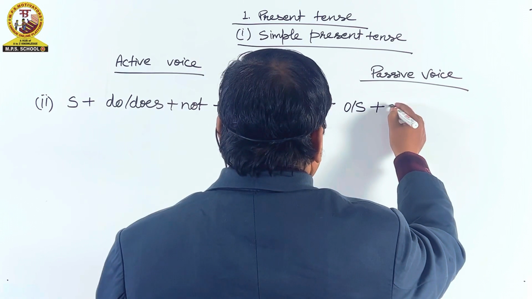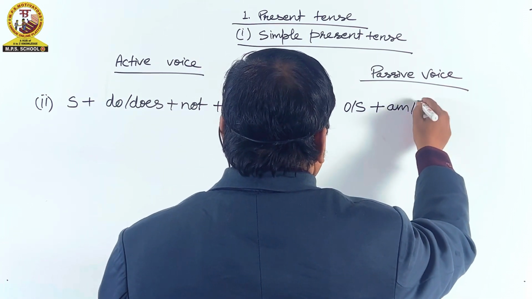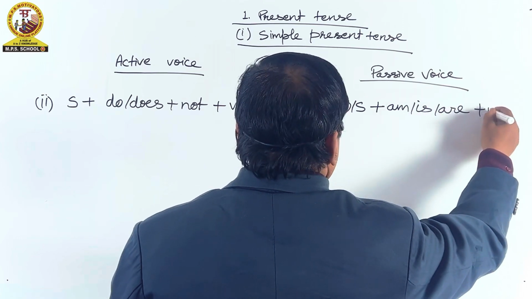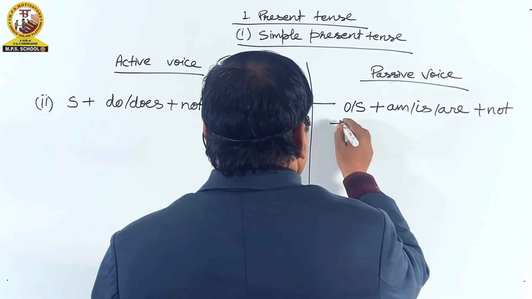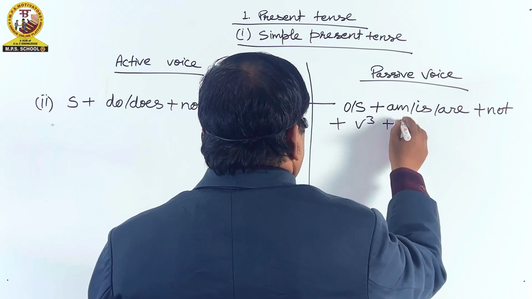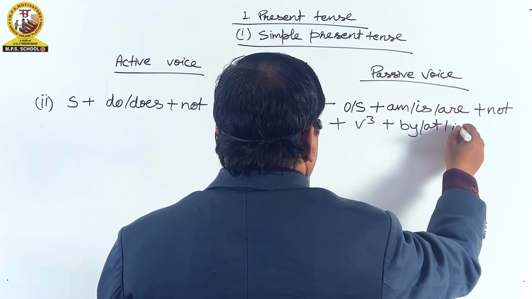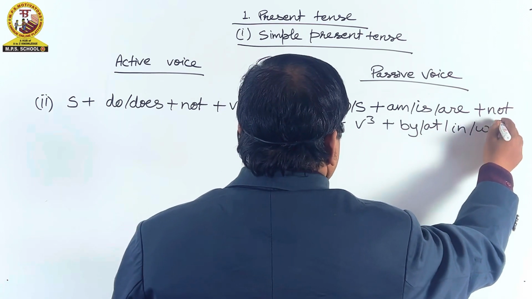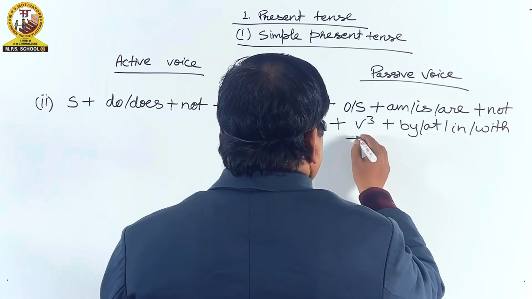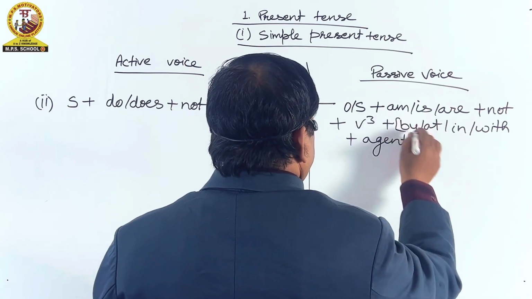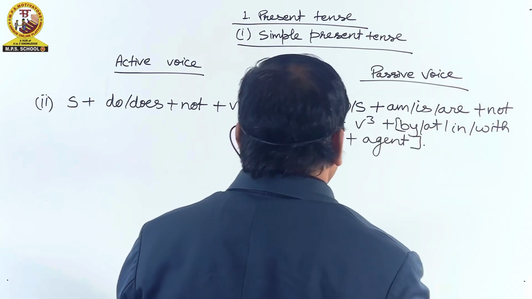So we will write here am/is/are plus not plus v3 plus by/at/in/with plus agent. Full stop.